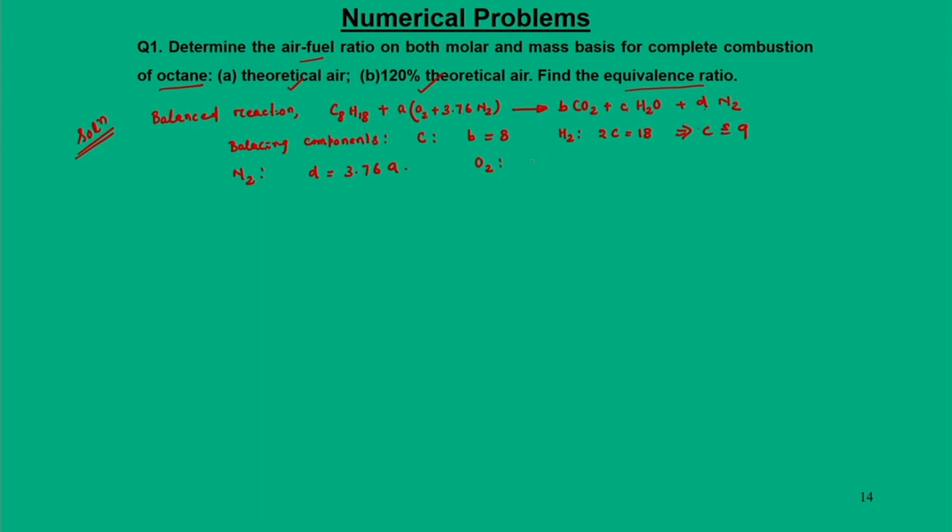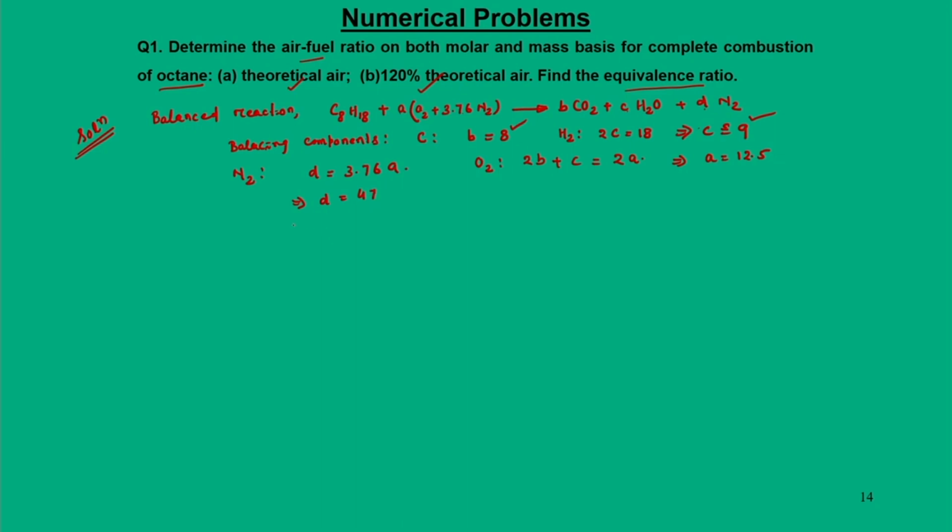Left hand side is twice A, right hand side is twice B plus C. We know B and C, so this gives A is equal to 12.5. When A is 12.5, D is equal to 47.